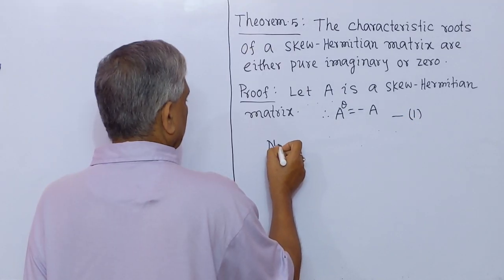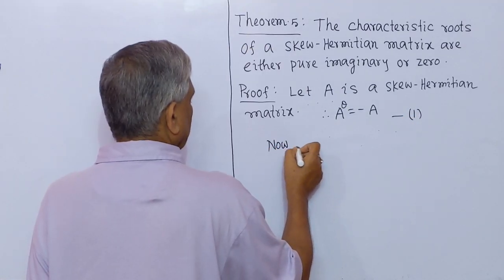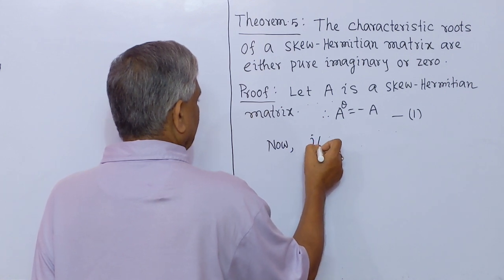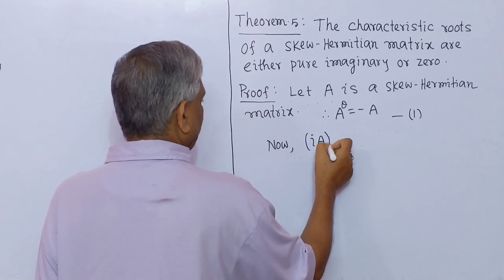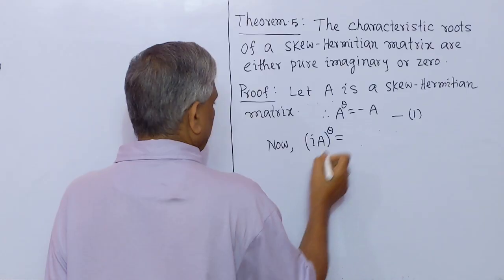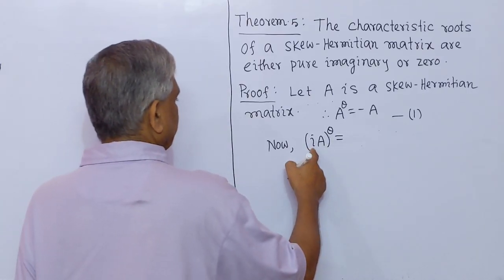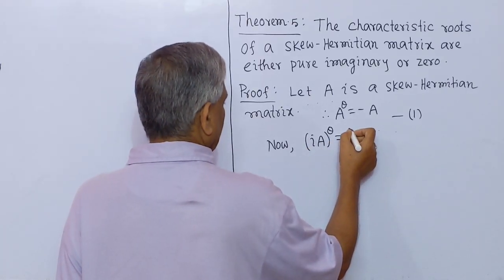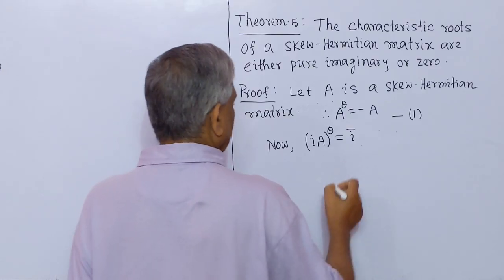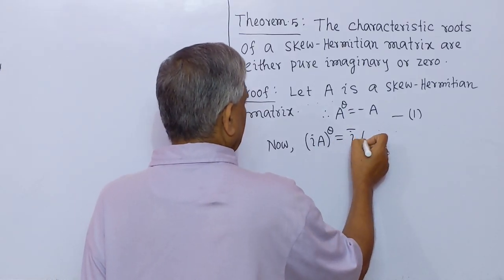Now, (iA)^θ, this means the conjugate of i and A^θ.